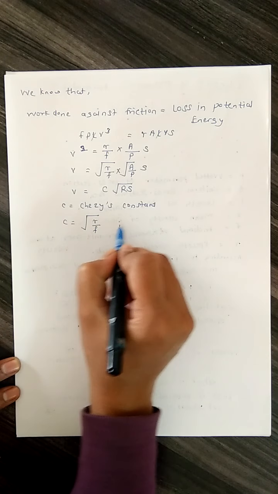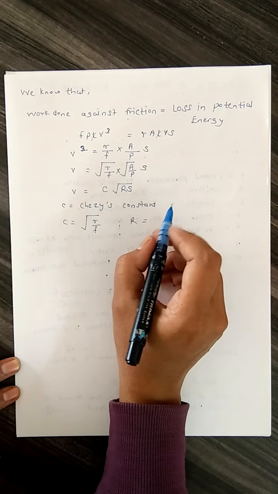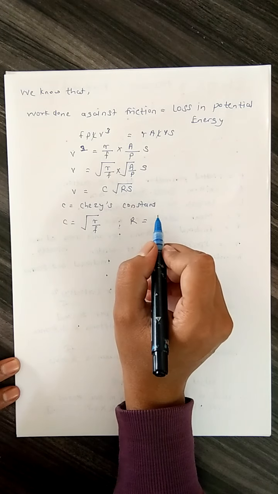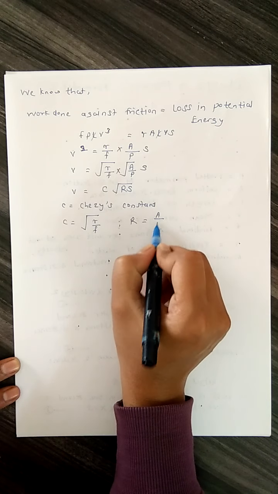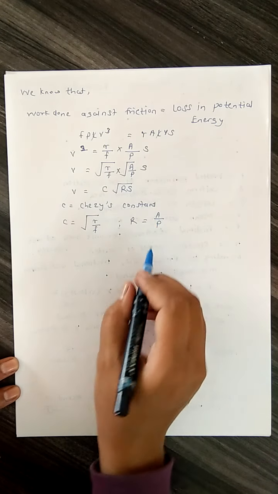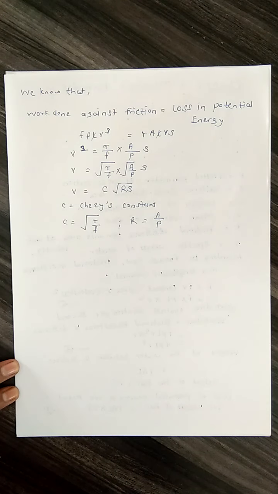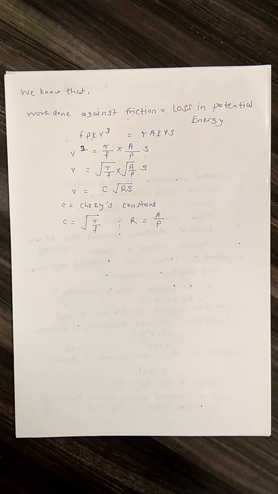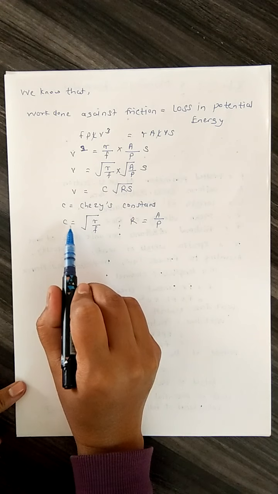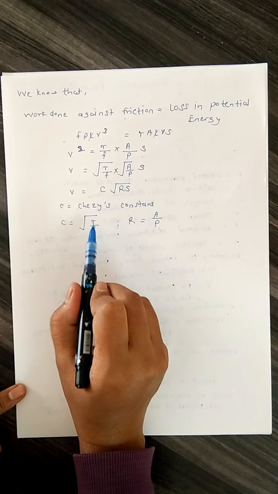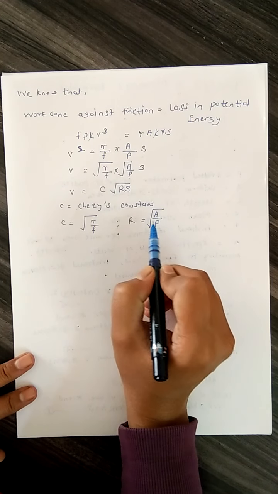And R is the hydraulic mean depth, which is given by capital A upon P, where A is the uniform cross section area and P is the wetted perimeter of the cross section. So again, C is equal to under root gamma upon f and R is the hydraulic depth, that is A upon P.